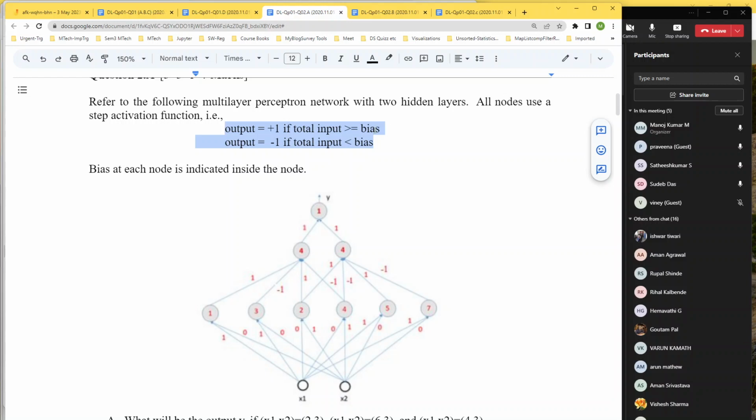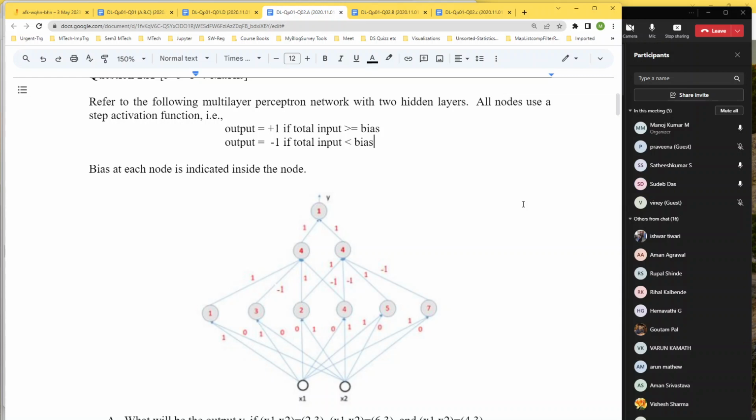They have given this statement, so we should use this bias only to compare with the total input. They mention that bias at each node is indicated. If total input is less than bias, then the output will be -1. If total input is greater than or equal to bias, then output will be +1.